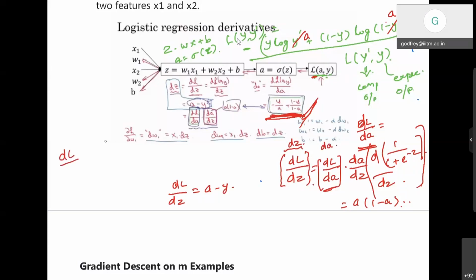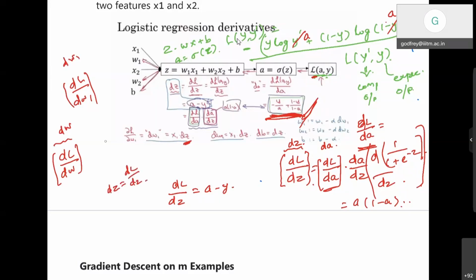Similarly, dl by dw is simply written as dw. dl by dw1 is simply written as dw1. So if somewhere it's written dz, the dz over here is basically dl by dz.